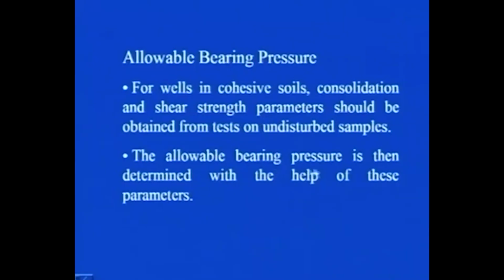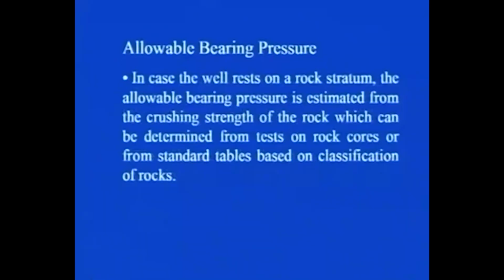The allowable bearing pressure is then determined with the help of these parameters, the consolidation characteristics and the shear strength parameters, which are C and phi.